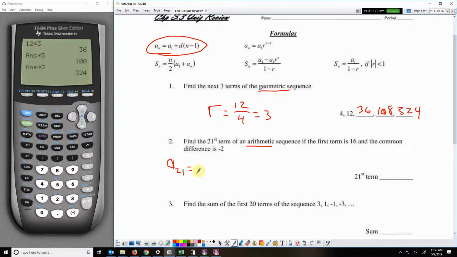So the first term is 16 plus the common difference of -2 times n minus 1, and we're finding the 21st term. So 16 plus -2 times 20 gives me a term value of -24.